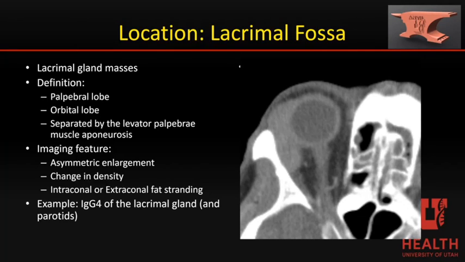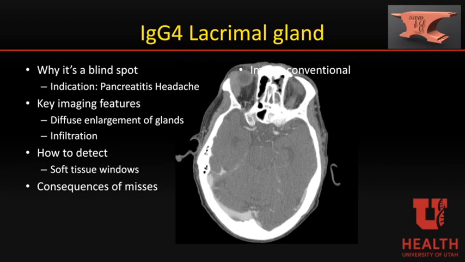So here we have a unilateral enlargement of the orbital segment of the lacrimal gland in a patient with IgG4. And if we take a closer look at why this lacrimal gland mass is in a blind spot. Well, this was imaging obtained for a routine history of a patient with pancreatitis and headache. So of course they get a routine stroke workup.